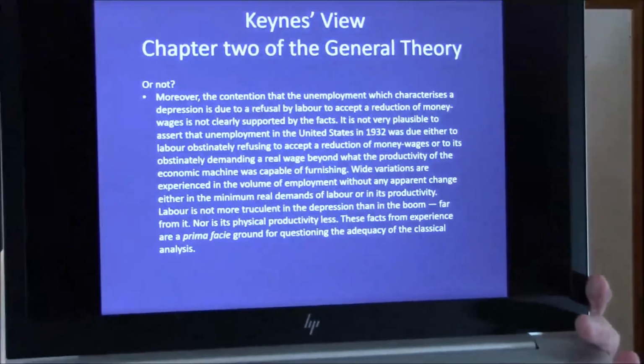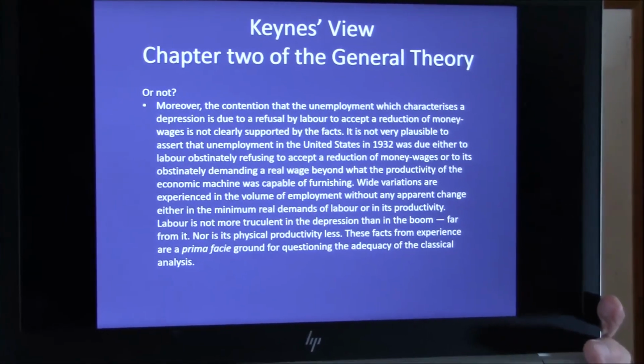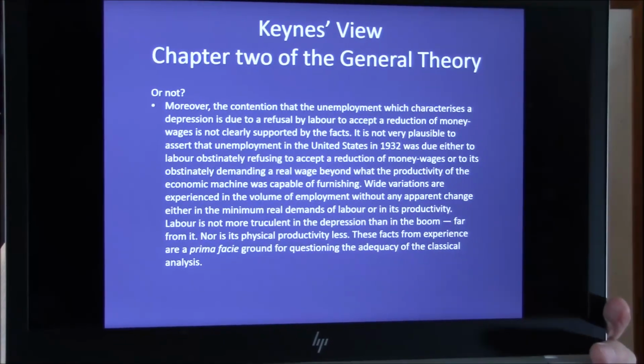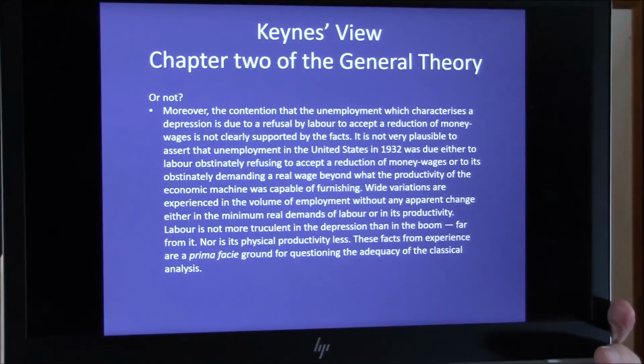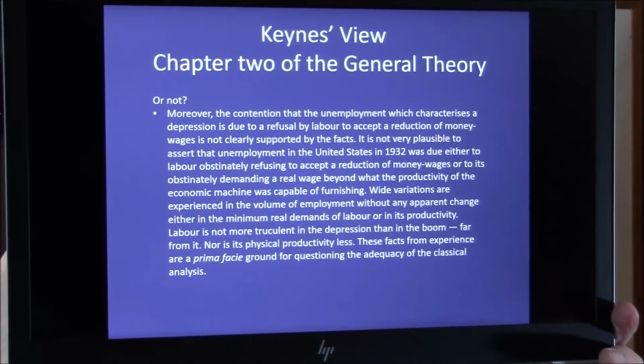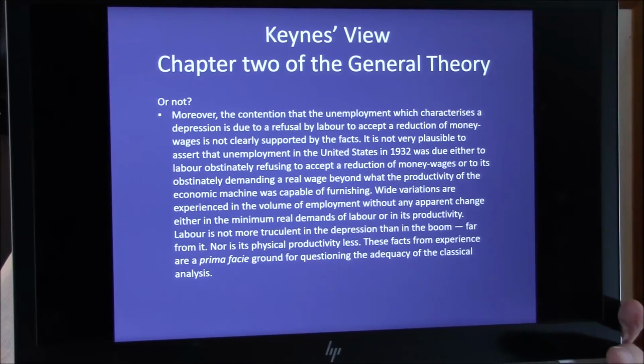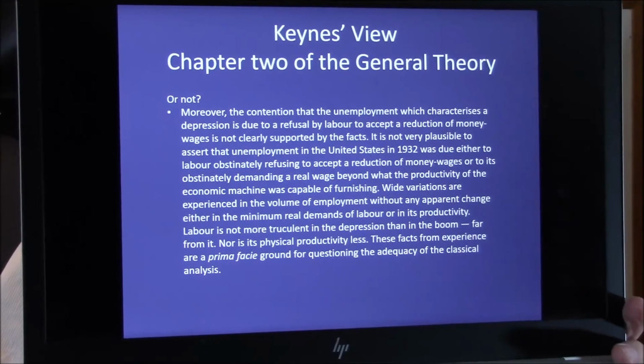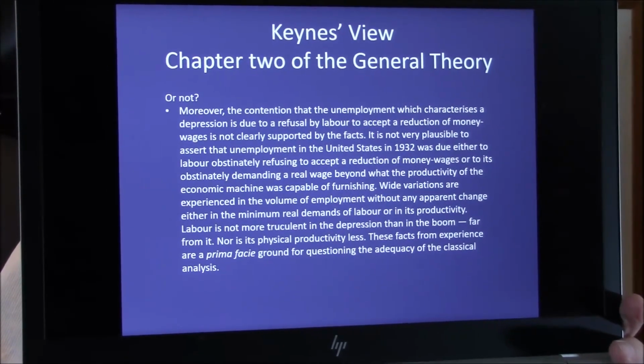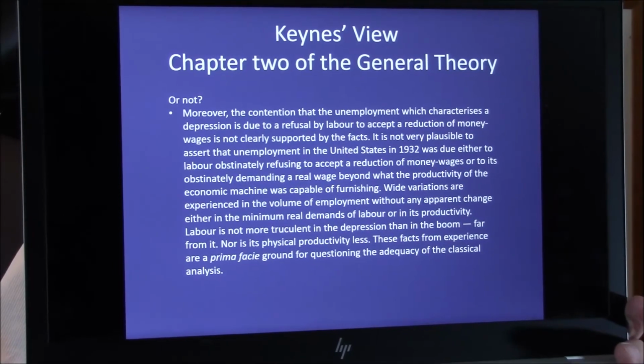Because he then says a couple of pages later, the contention that the unemployment which characterizes a depression is due to a refusal by labor to accept a reduction in wages is not clearly supported by the facts. It is not very plausible to assert that unemployment in the United States in 1932 was due to labor obstinately refusing to accept lower wages.